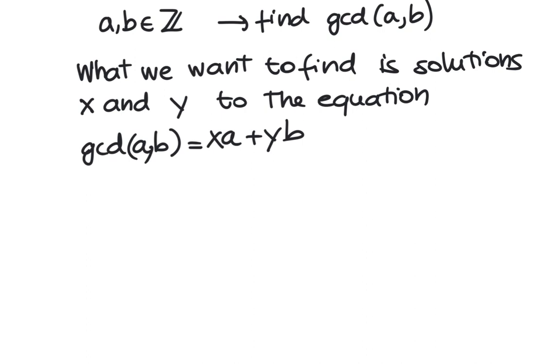Before we learn how to do that, notice that solving an equation m equals xa plus yb is not easy, and in fact it doesn't have a solution a lot of times. Recall that when I talk about solutions, I mean integer solutions.